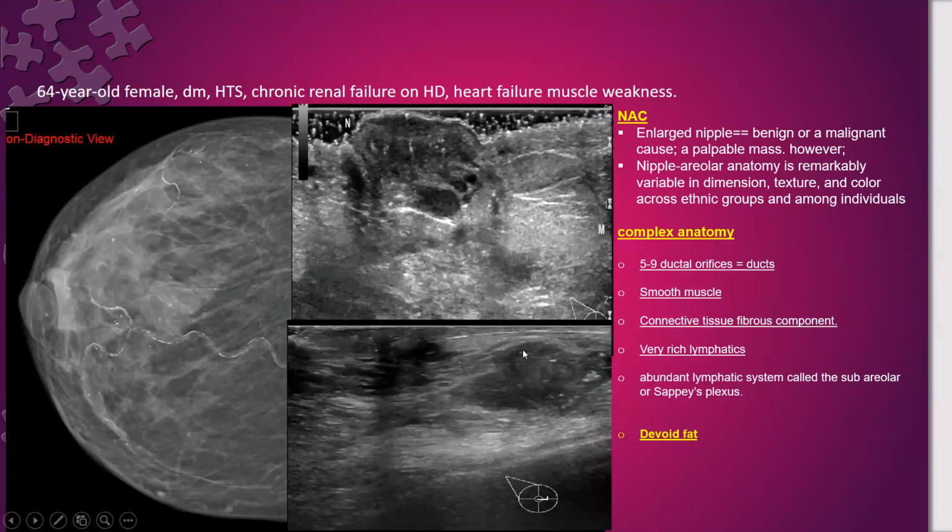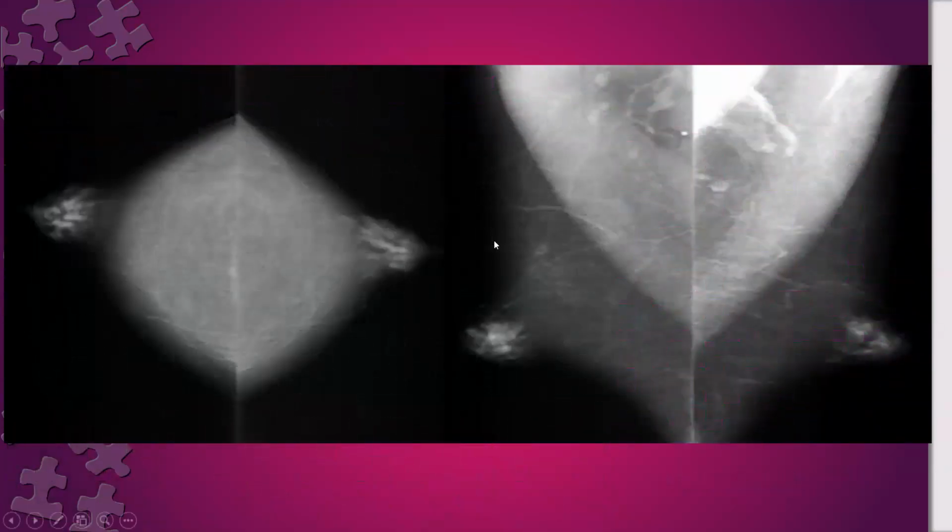This is a lobulated asymmetry within the breast. So the same texture of the mass, the same texture of that lesion in a case of Paget disease, extending through the duct into the nipple, and the same infiltrating the lesions.